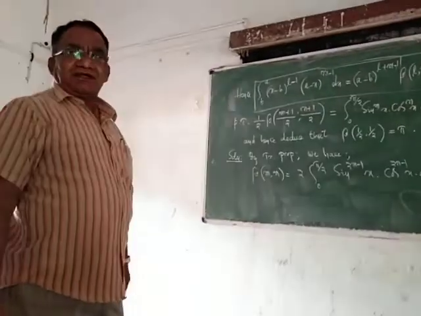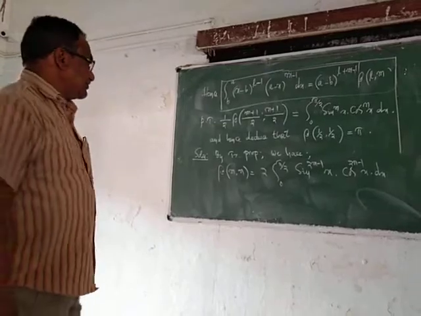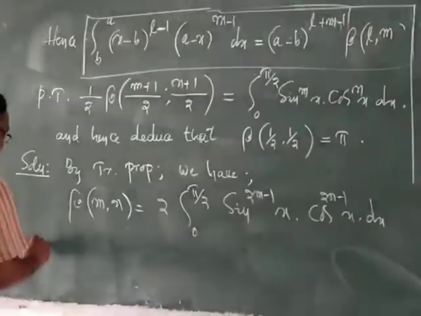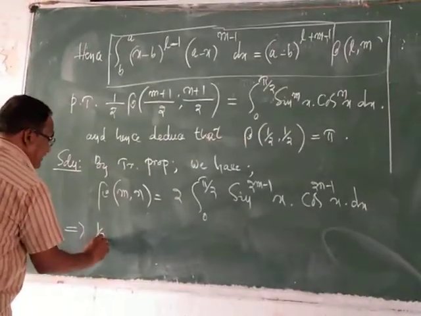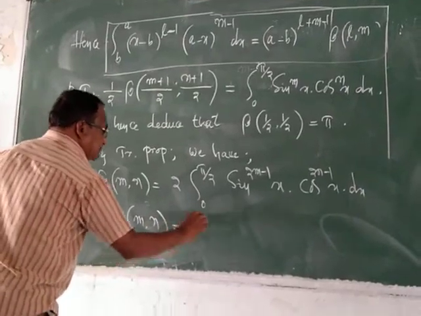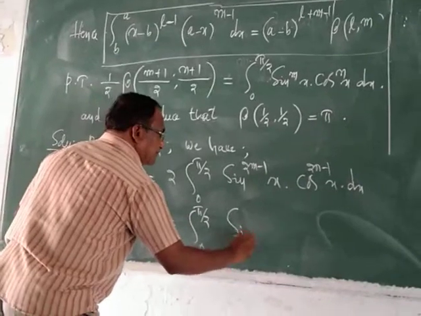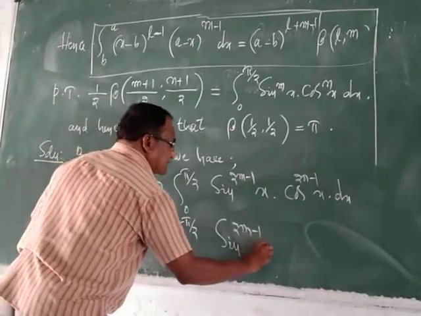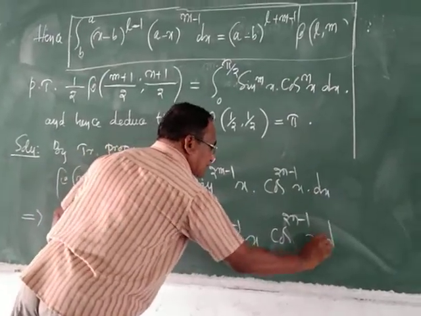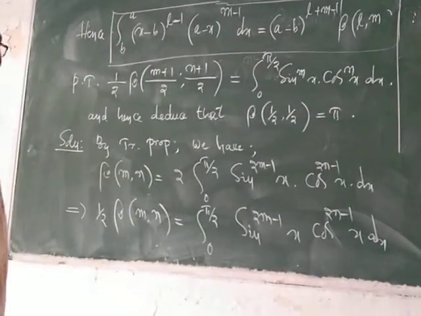There I have written theta, here I have written x. So just multiplying by half on both the sides, this implies that half into beta m, n is equal to integral from 0 to pi by 2 sin to the power 2m minus 1 x into cos to the power 2n minus 1 x into dx.